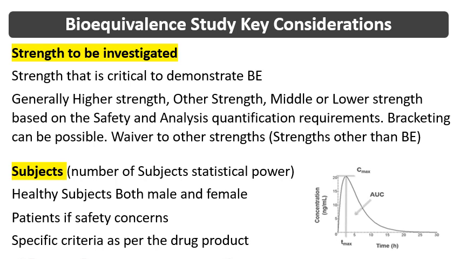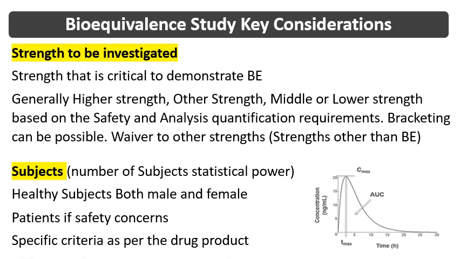If the drug substance is variable and the number of subjects taken is very small, then whatever data you get will not give you significant information, or it will not have that much statistical power. So the number of subjects is selected based on the formulation design and the drug molecule properties.